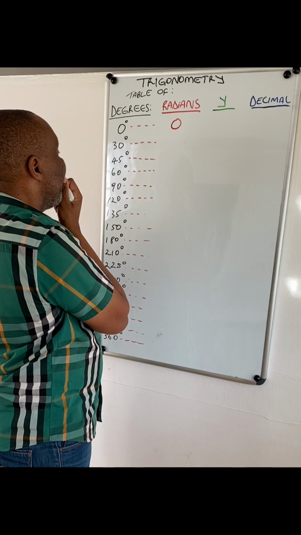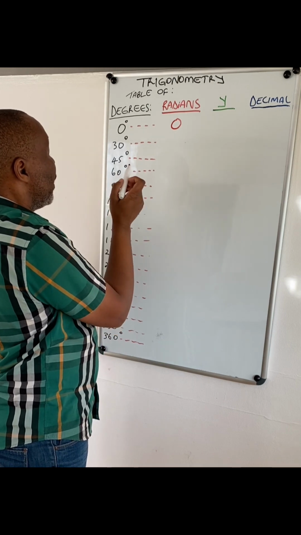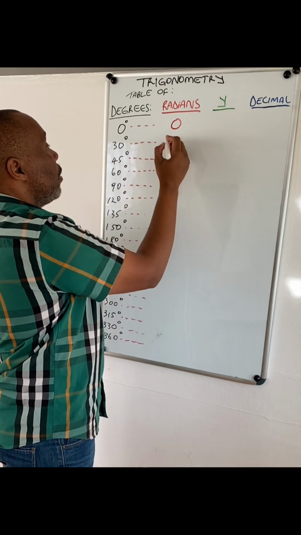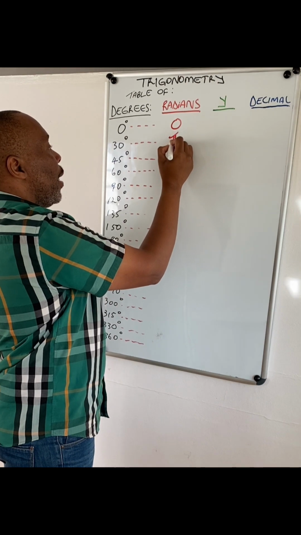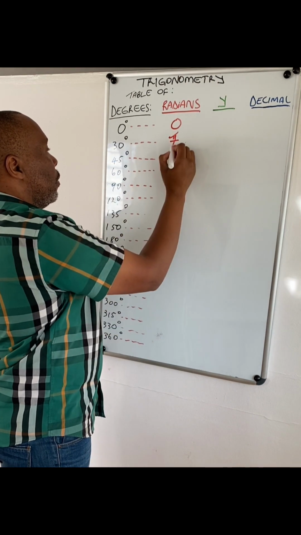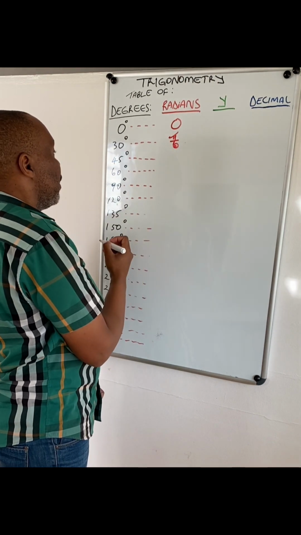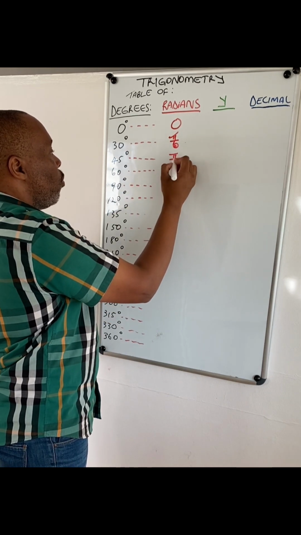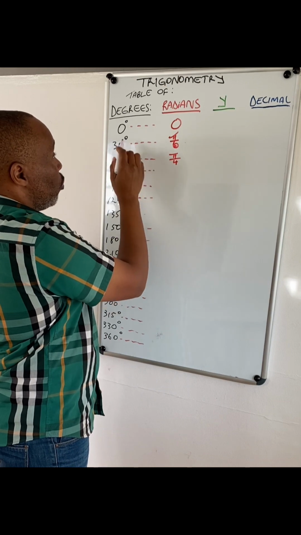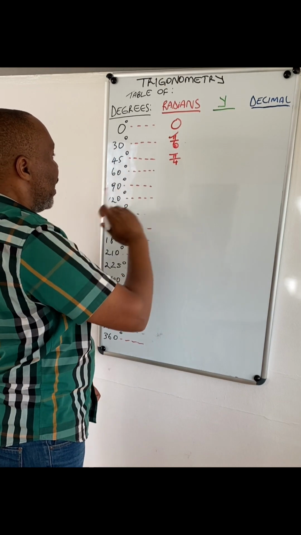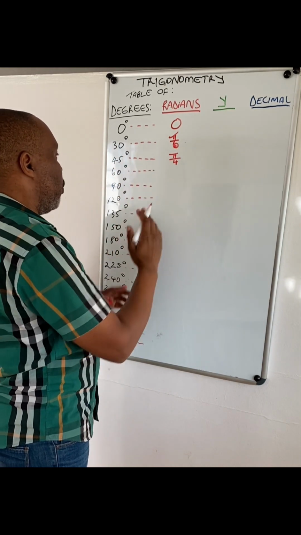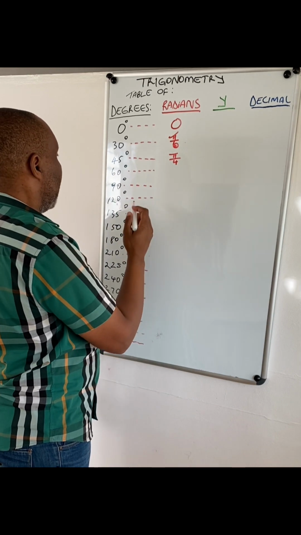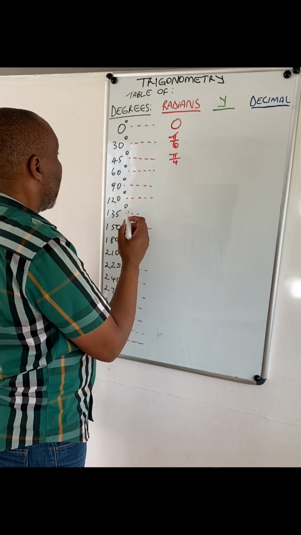At 30 degrees, we had pi over 6. Let me make my 6 visible. At 45, we had pi over 4. These lines are just to show that I put it in a straight line, so that it doesn't mix up and twist, and the value of one is not placed incorrectly against the other.